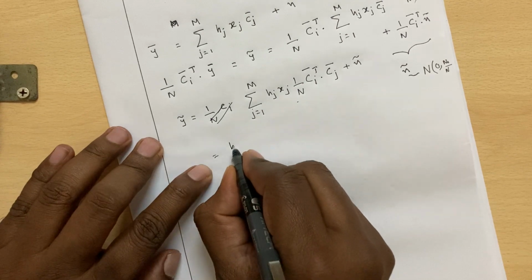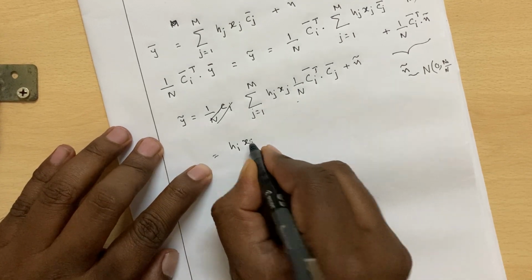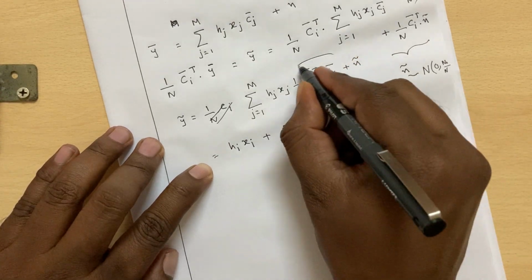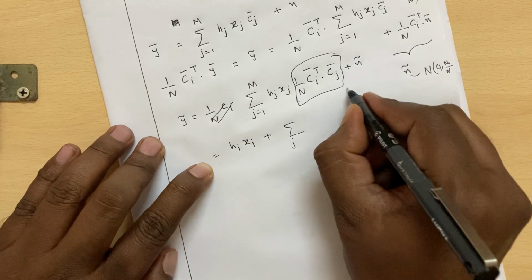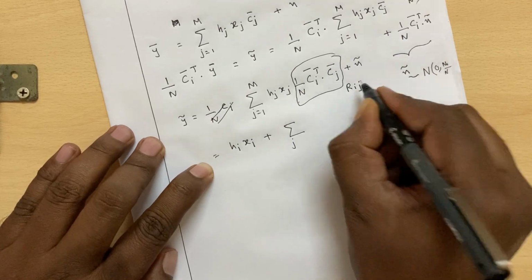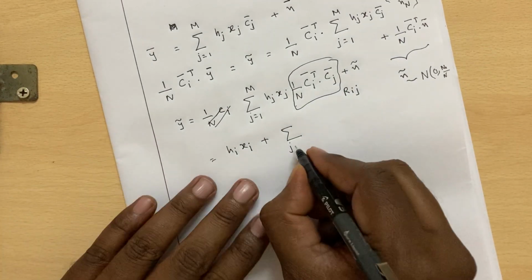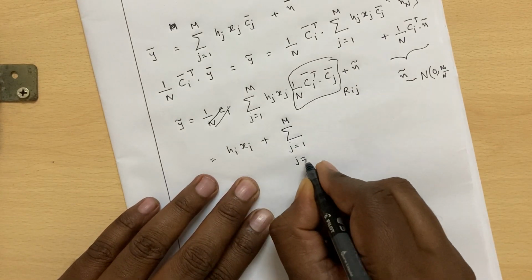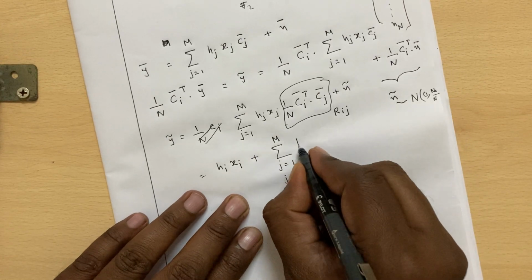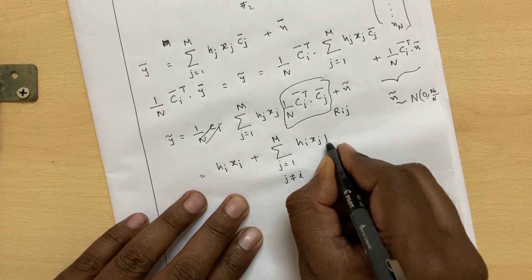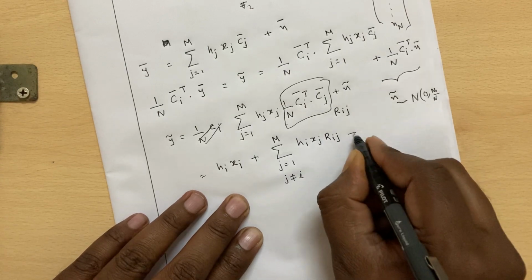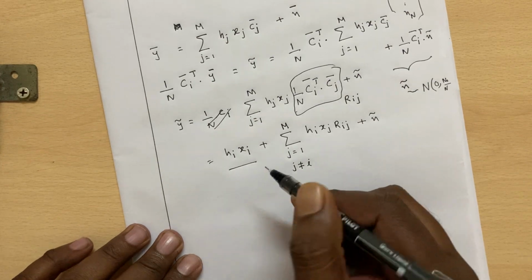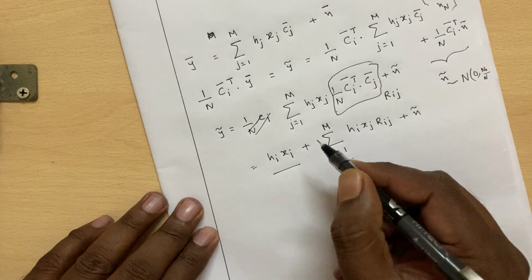Then we get here hi into xi, plus, and this you can write as the cross correlation between the ith code word and the jth code word, Rij. So the sum over j equal to 1 to m, j not equal to i, of hj xj Rij, plus n tilde.